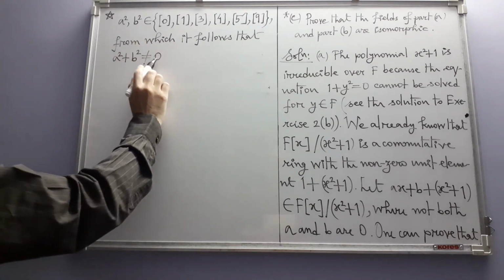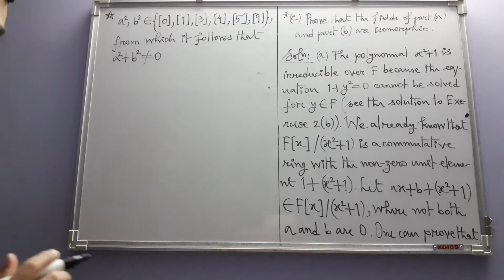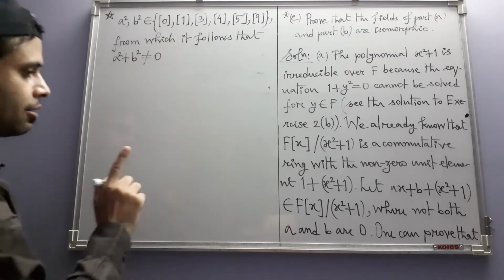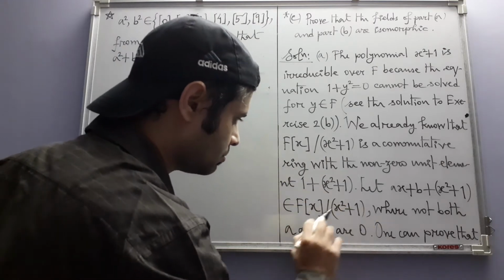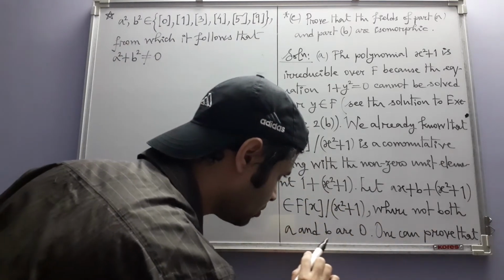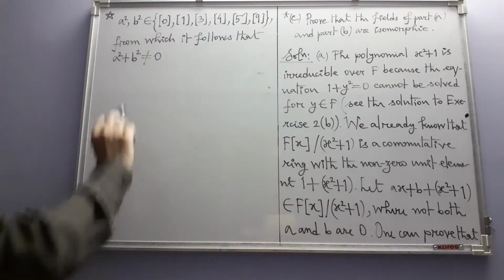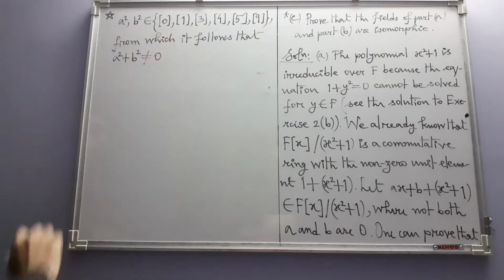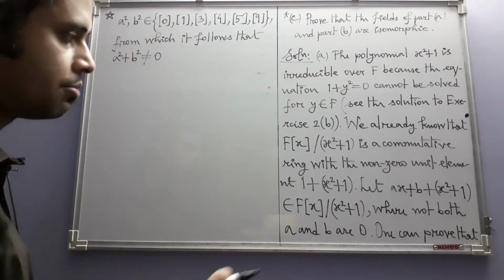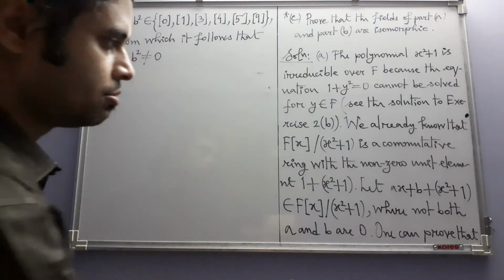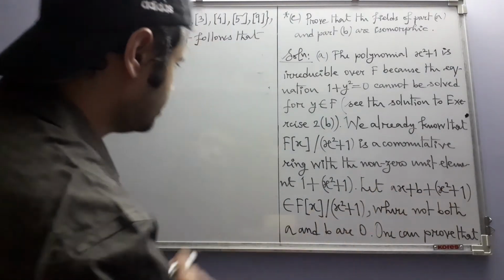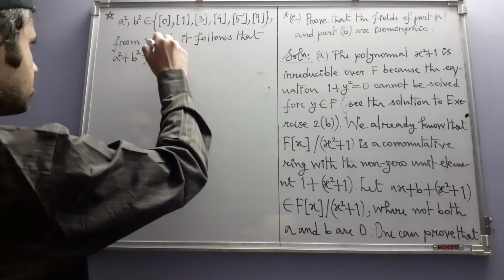This 0, keep in mind, is the congruence class 0. And also we should not forget that not both A and B are 0, both A and B are not equal to the congruence class 0. That fact we have from this choice, because we had to choose a non-zero element in this ring. Okay, so this is not equal to 0.